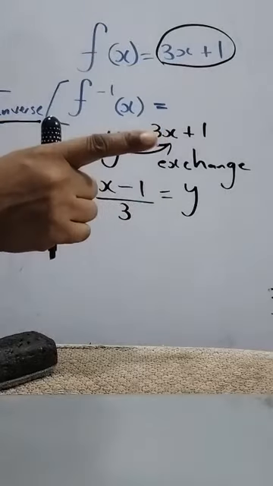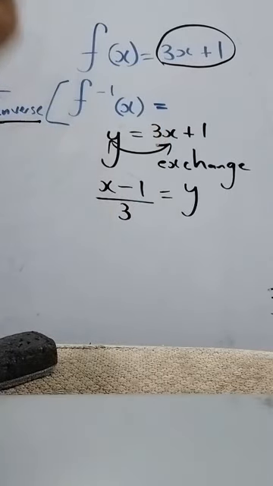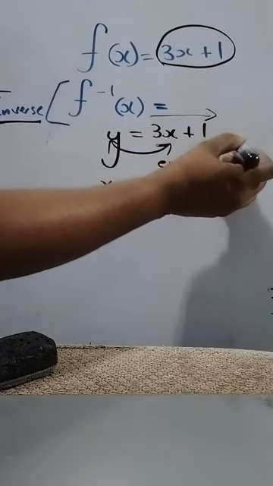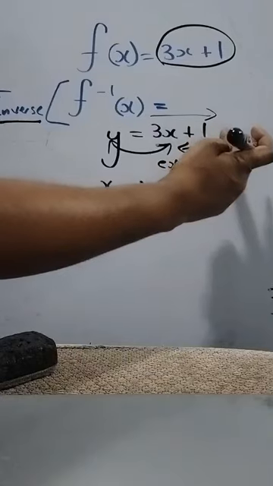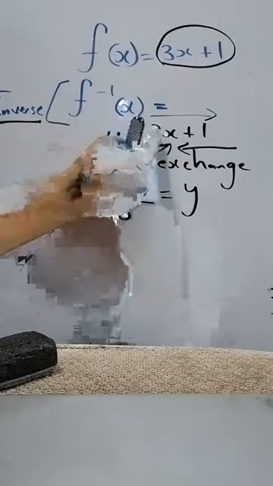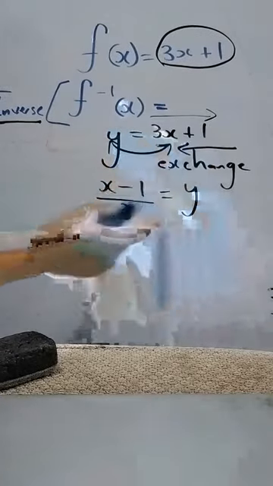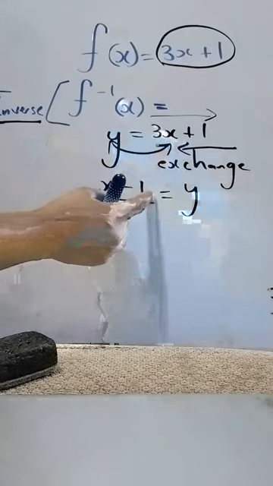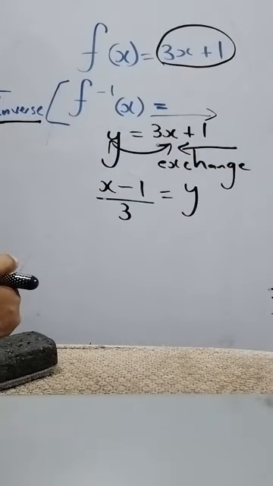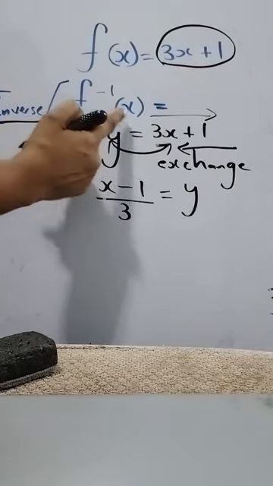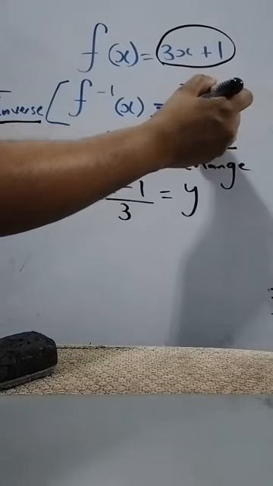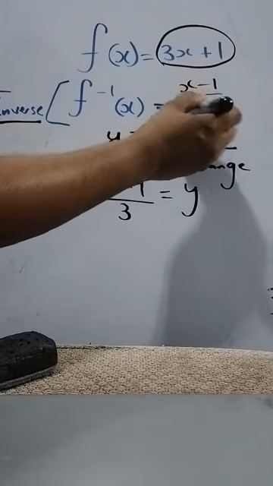But the order in which I do the operation matters, because when you go this way versus going back, you will need to start at the end in order to go back. So if I said 3 times x plus 1, it will now be x minus 1 divided by 3, because I went in the opposite direction, which means that f inverse of x is equal to x minus 1 divided by 3.